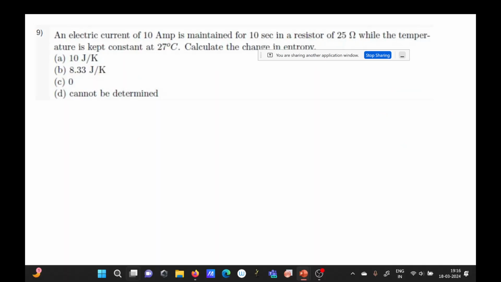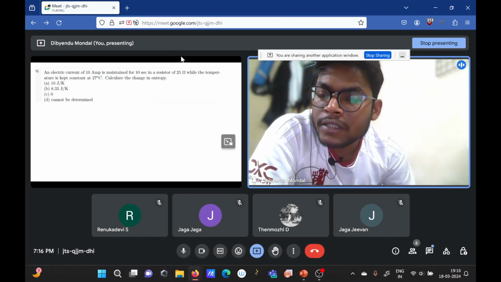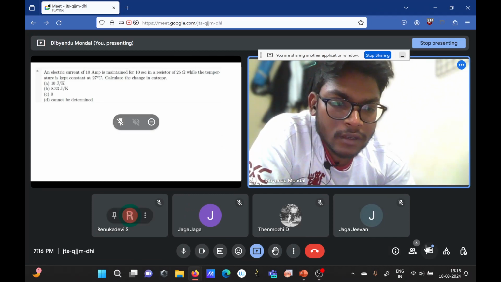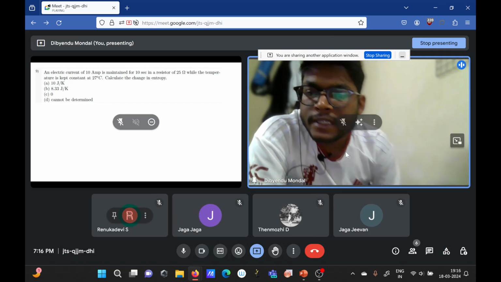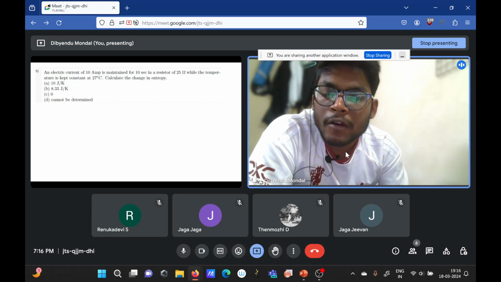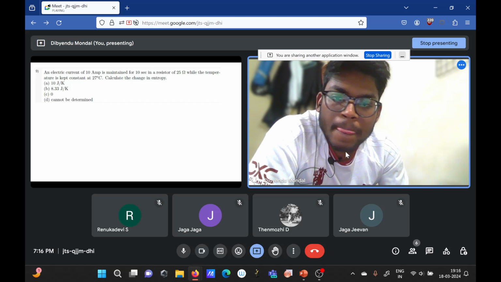Now here, an electric current of 10 ampere is maintained for 10 seconds in a resistor of 25 ohm, while the temperature is kept constant at 27 degrees centigrade.